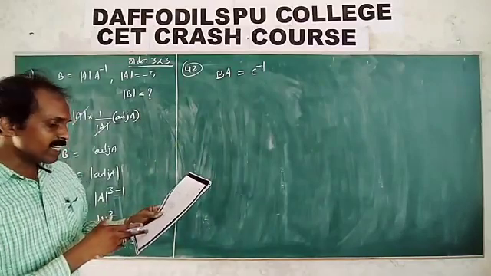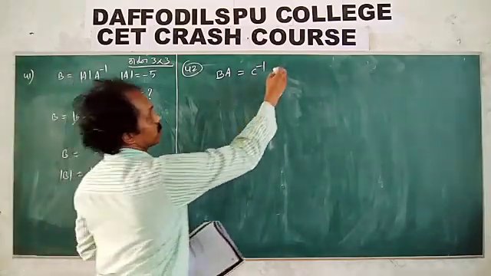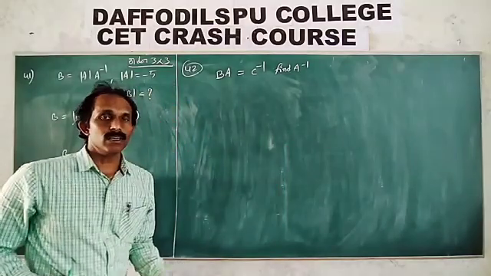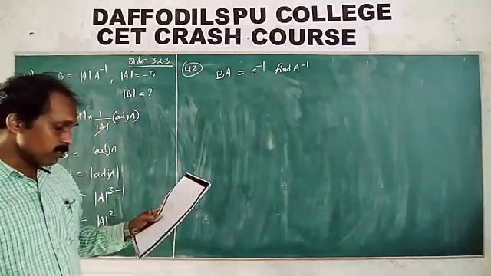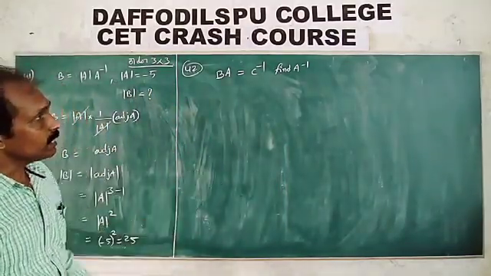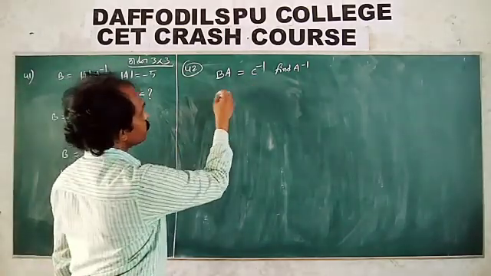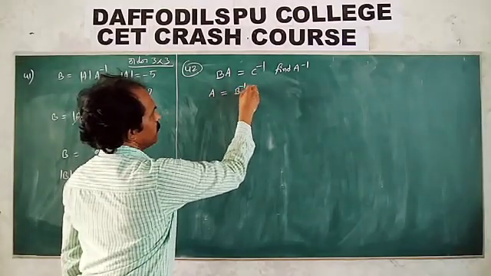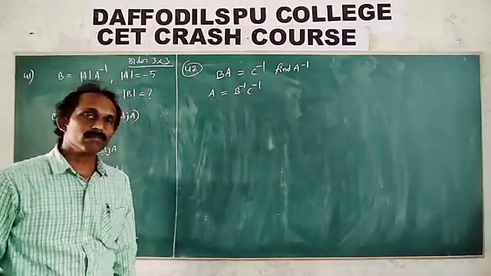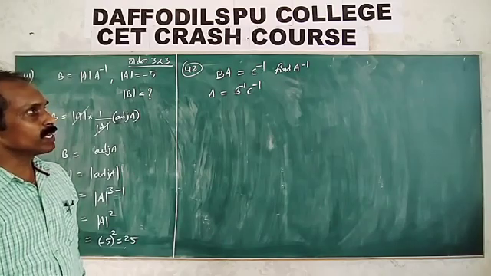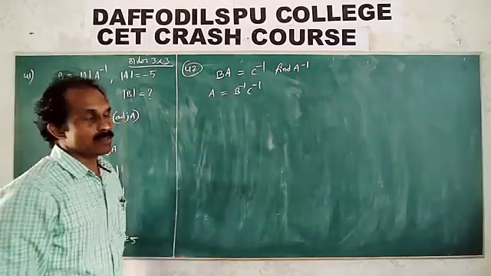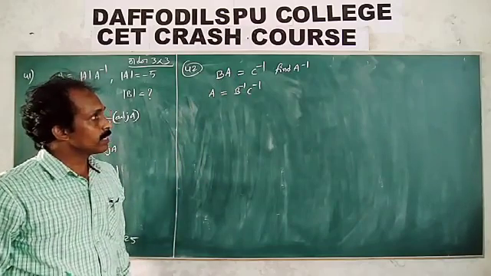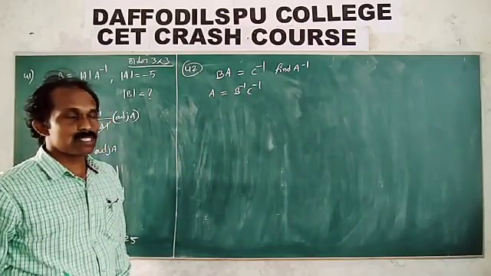But the matrix C is given, then find A inverse. A is equal to B inverse into C inverse. Taking B to this side, A is equal to B inverse into C inverse.